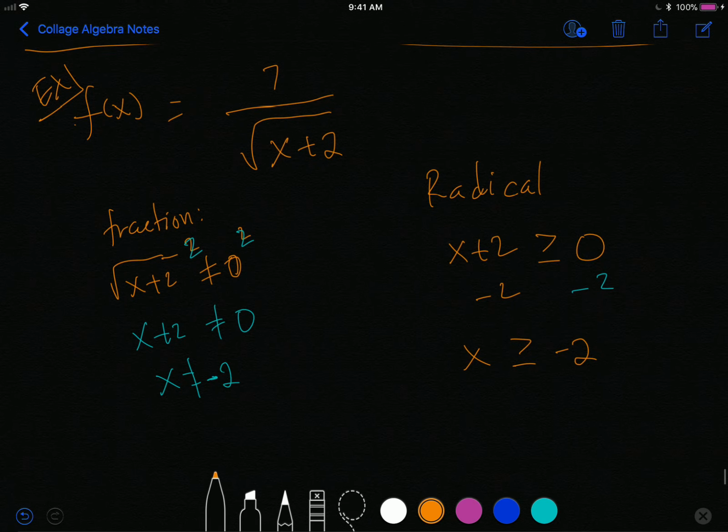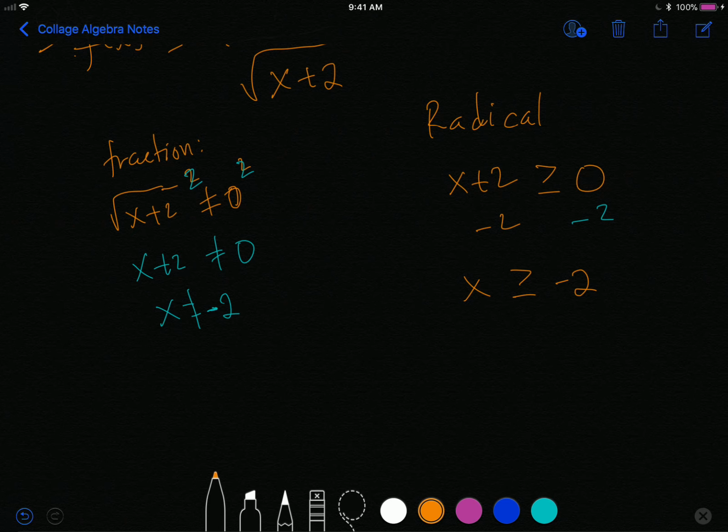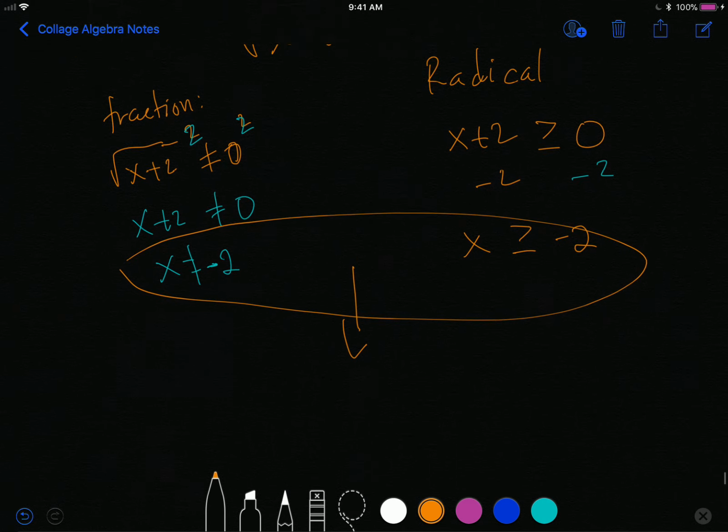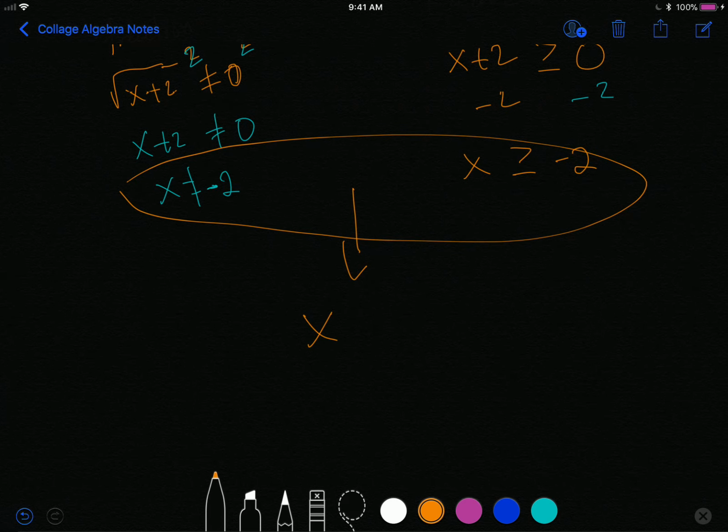So how do I combine these two things together? Well, to combine them, they must be both true at the same time. So if x is greater than or equal to negative 2, but x cannot be negative 2, when you combine them together, what you will get is simply that x is greater than negative 2.